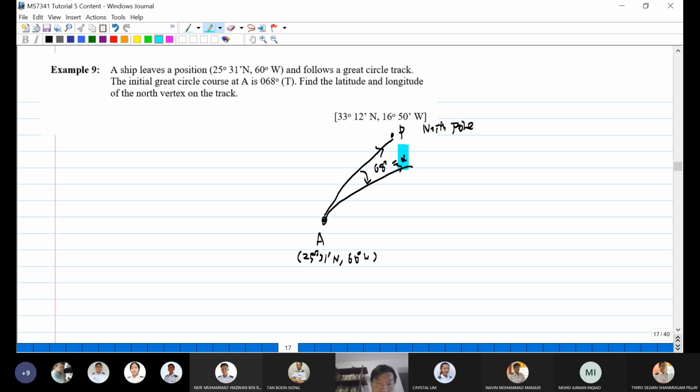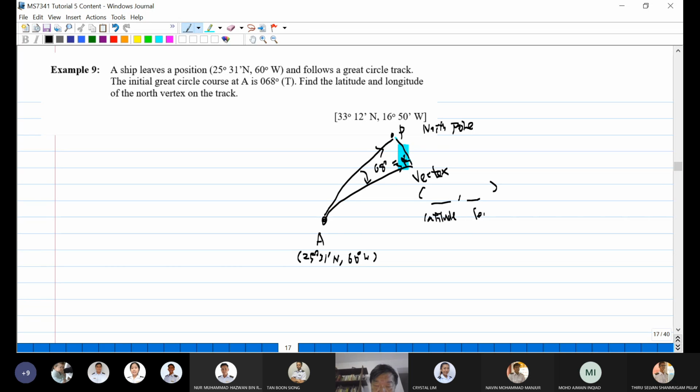So if you draw it, let's say the nearest point, right? So what that means is that this angle is 90 degree now. This angle is 90 degree here. This V here, the vertex. So the question is, where is the location of this vertex V here? Okay, this is latitude.